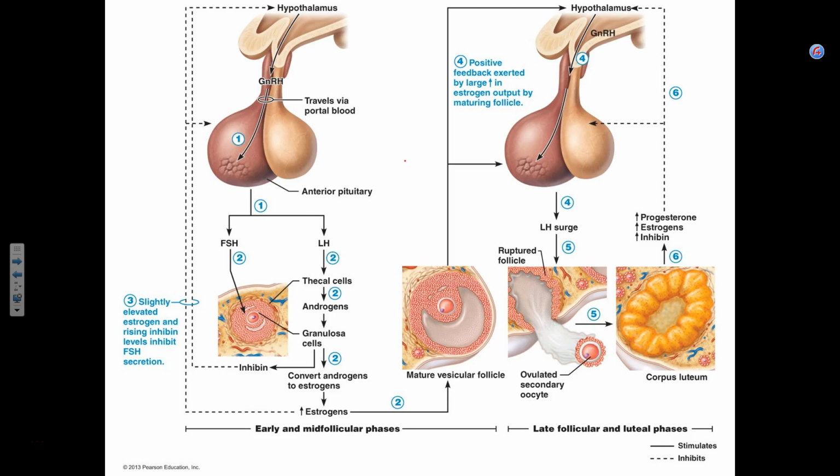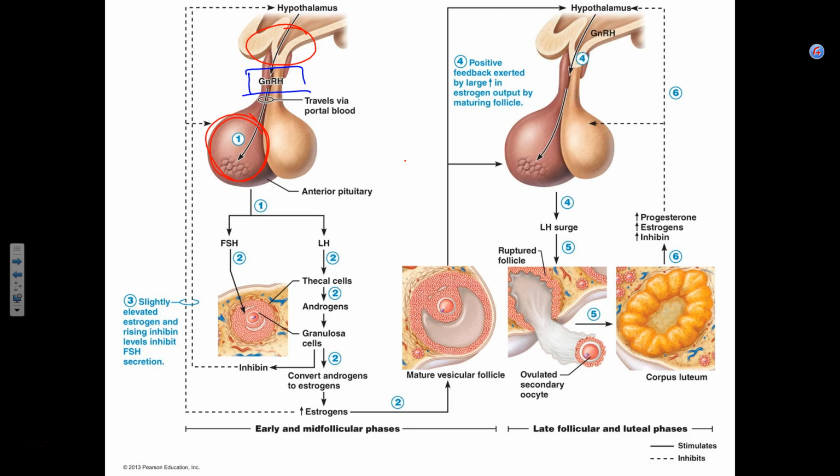It starts in hypothalamus. Hypothalamus will release gonadotropin releasing hormone that will get to the anterior pituitary.